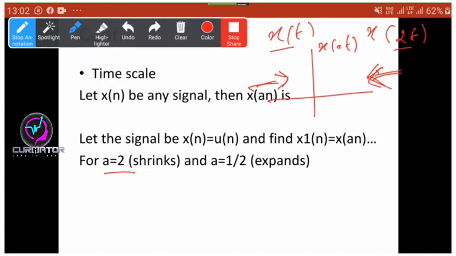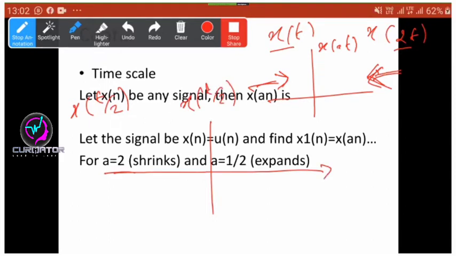If we choose this value less than 1, like x of t by 2, then our new graph x of t by 2 will look like we expanded the x of t this way.